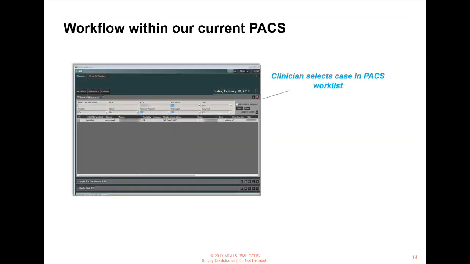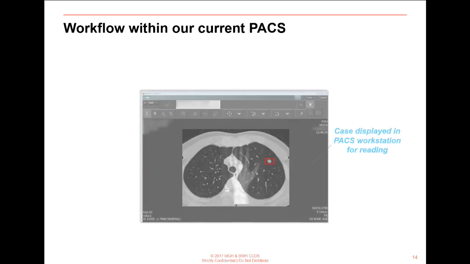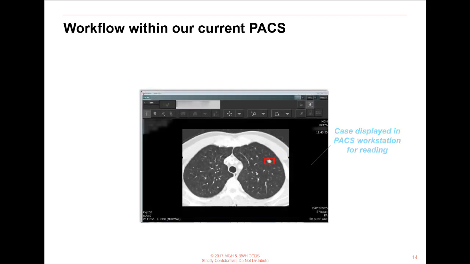So I'll give you some insight into the way that we currently do this now. Our first pass was just to get it into our PACS. This is at Mass General. We start with a clinician selecting a case from the work list. The case is displayed. The clinician selects a tab which opens up an HTML browser effectively.